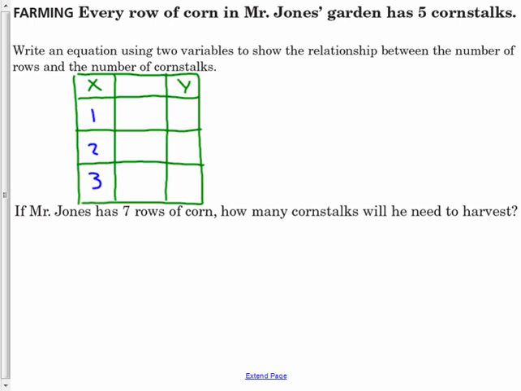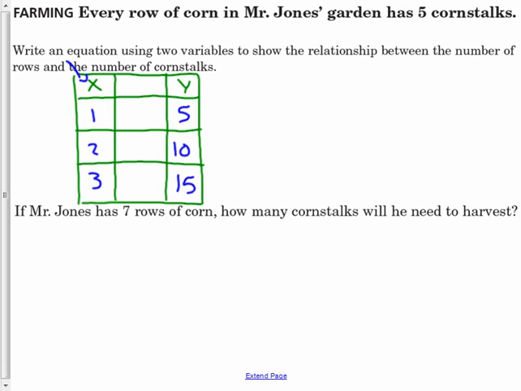And again, if I go back to the situation, it says every row of corn has 5 corn stalks. So if I have one input of 1, if I have one row, I have 5 corn stalks. If I have 2 rows, I have 10 corn stalks. And if I have 3 rows, I have 15 corn stalks.